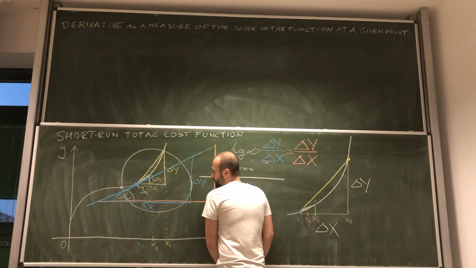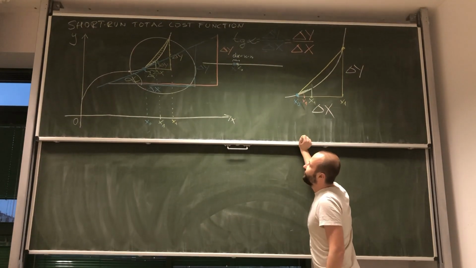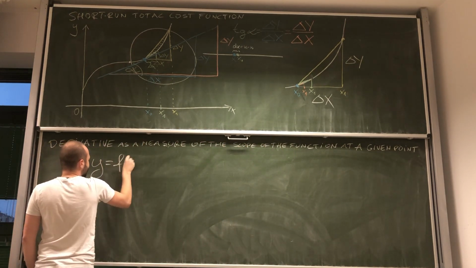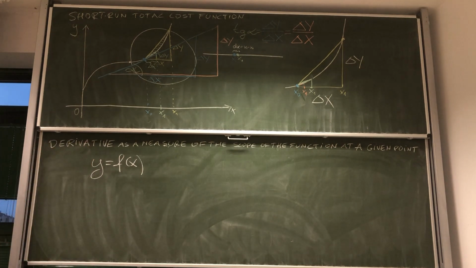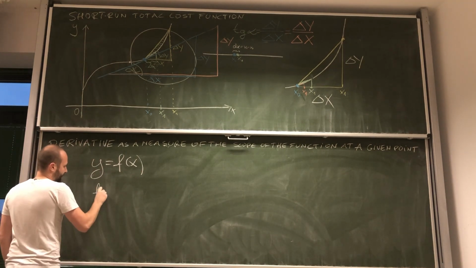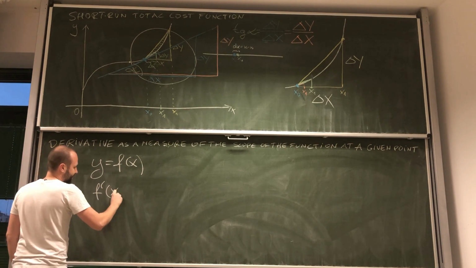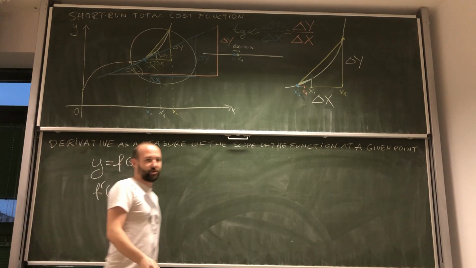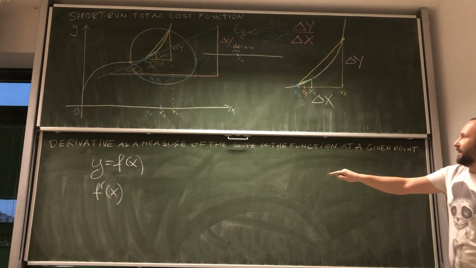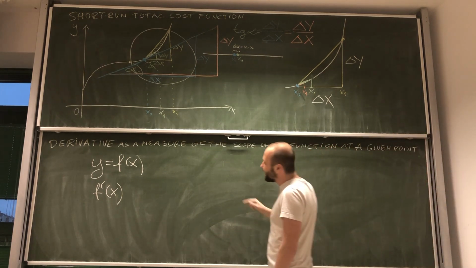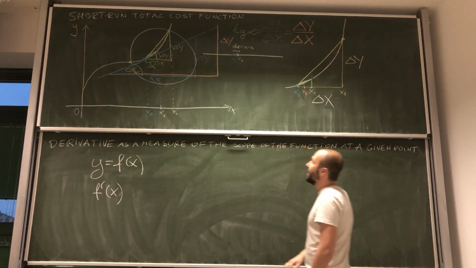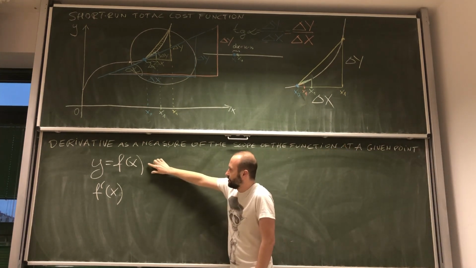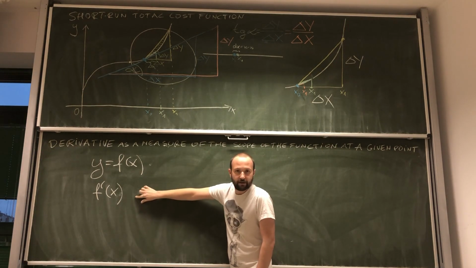Look, if I know the formula for the function y equals f of x, then if I'm going to calculate f prime of x, what am I obtaining? I'm obtaining a new function. And depending on what I'm going to plug in inside this function, I will get a slope of the previous function over here.